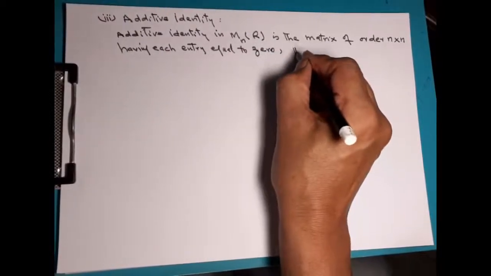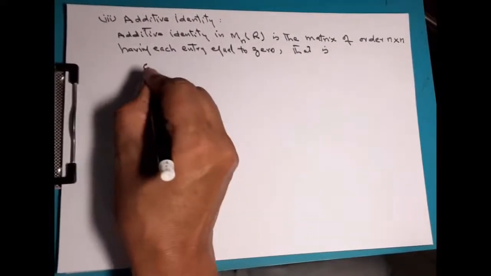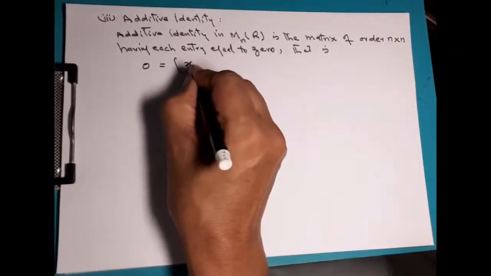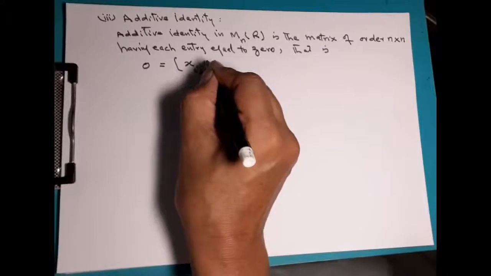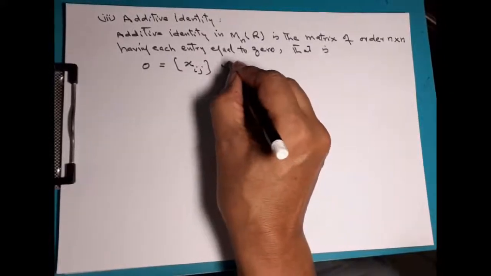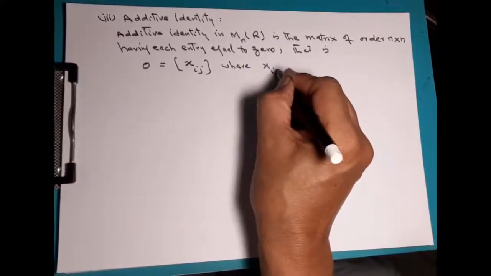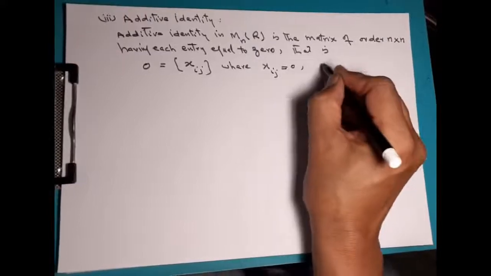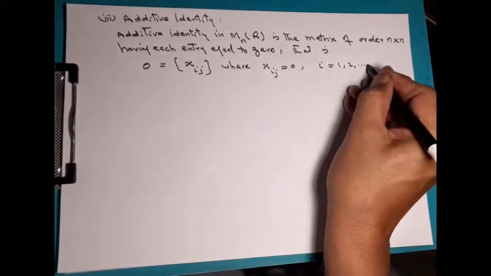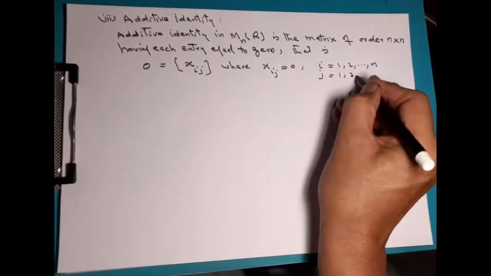So we can just define it, that is, this is our additive identity. Additive identity is going to be this particular matrix. Let's write it as Xij, where Xij is equal to 0 for every i, 1, 2, so on up to n, and for every j, 1, 2, so on up to n.